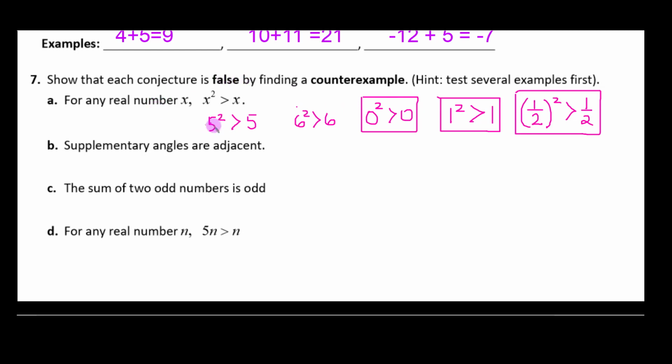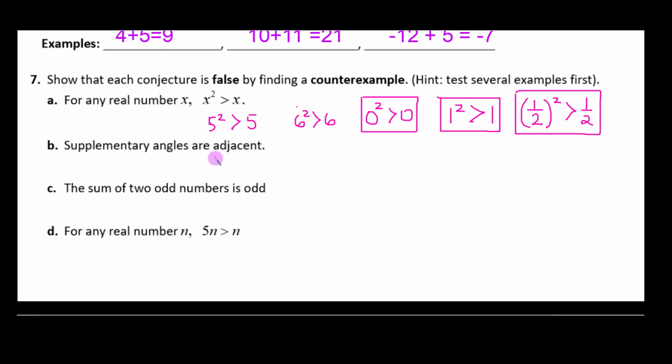These first ones do not work because the squares are greater, but these ones did show me that this one is equal to this one, and this one is actually smaller than this one. So all of these three could be a counterexample.